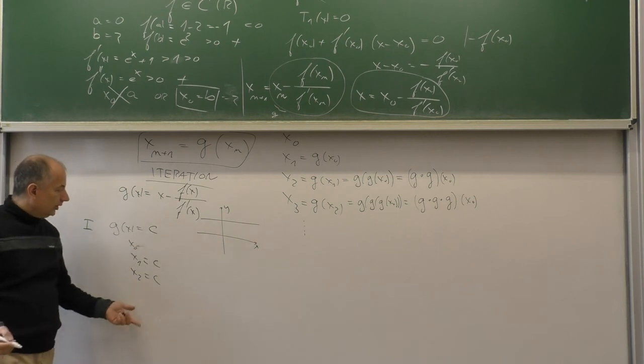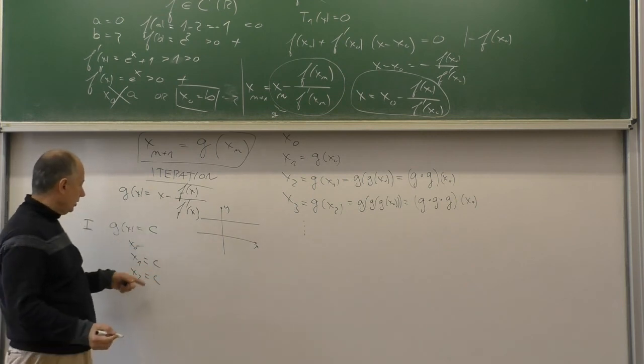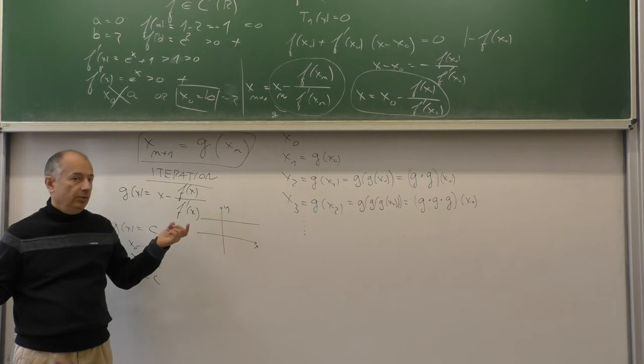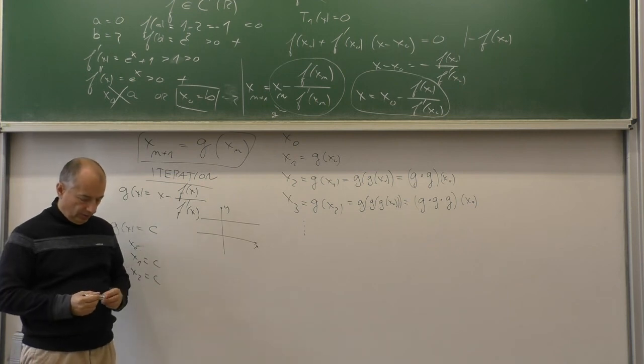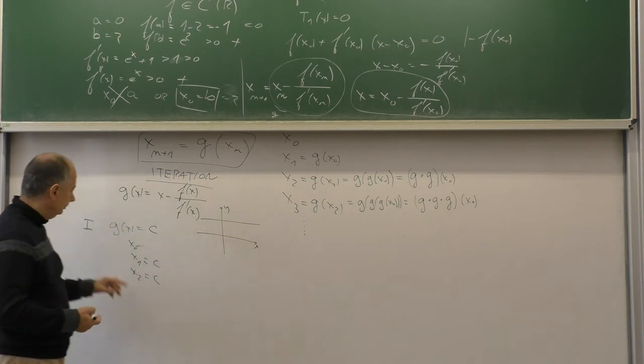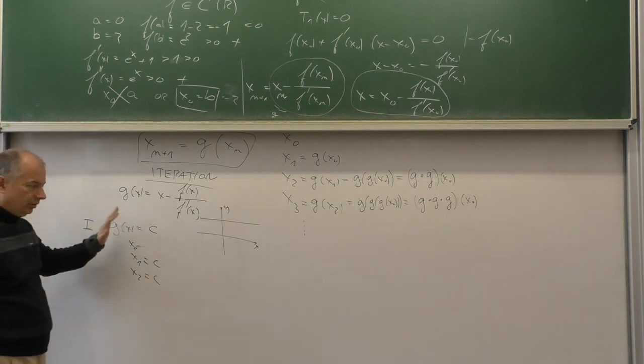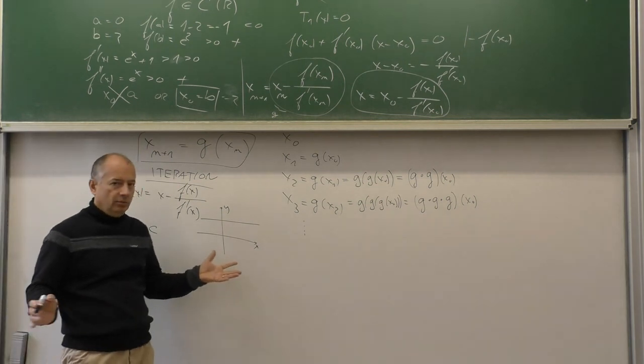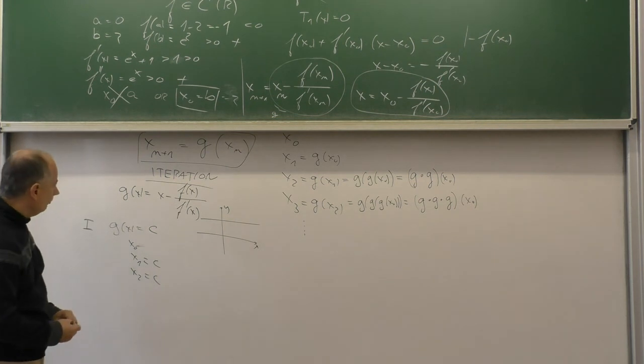So the sequence is this constant sequence up to the first value x0, which is completely irrelevant because it influences nothing. Okay, too simple. So simple it looks almost stupid.